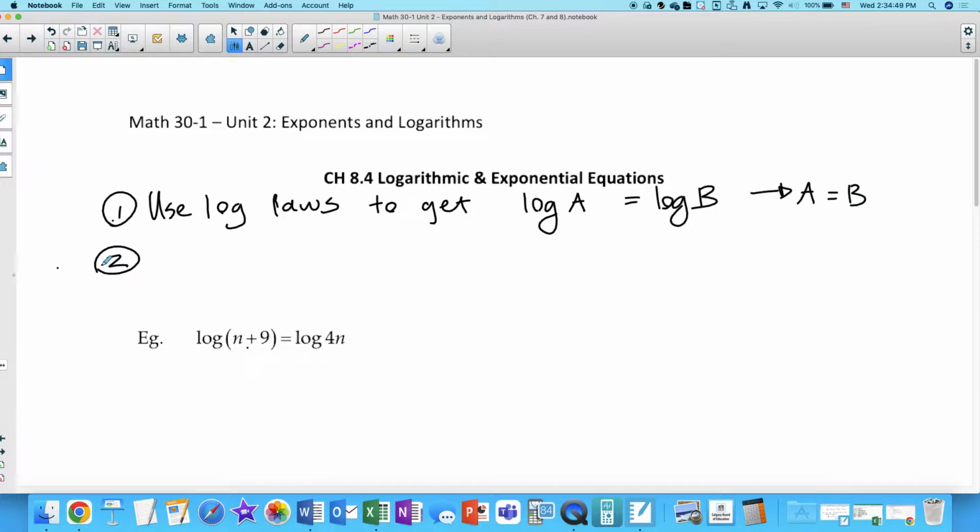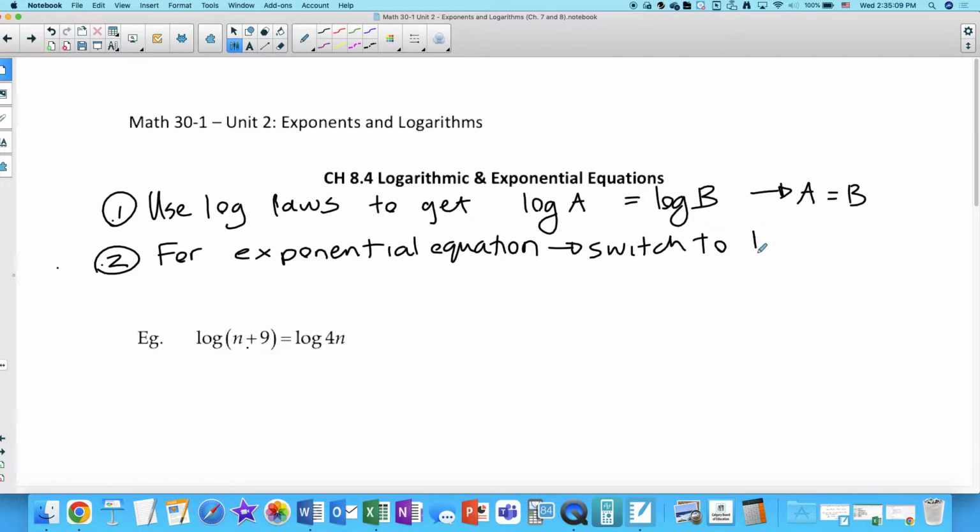The second thing that we might be doing is looking at an exponential equation and switching forms. That might help us solve the equation.